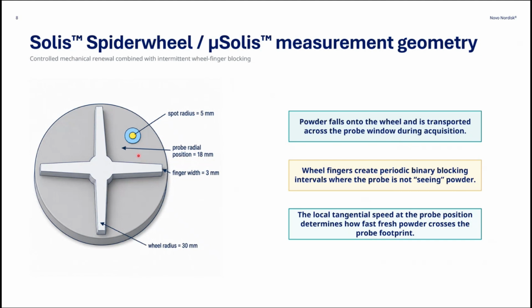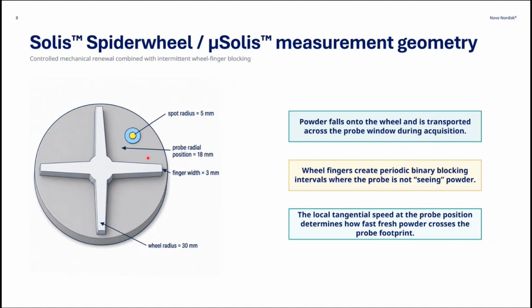And then we need to understand the probe radial position from the center of the spider wheel, from the center here to the center of the probe, and that I set to 18 millimeters. So the powder falls into the wheel and gets transported across the probe window, and the fingers, they cause what we call periodic binary blocking intervals, and at those blocking intervals we do not see any powder.